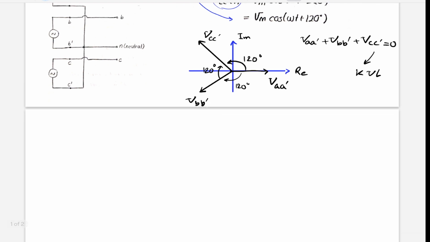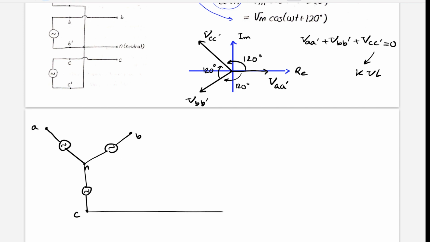Well, let's say this is our node N, and this part is our generator. And this is node C. These are little letters, B. So on the source side, the generator side, they will be little letters.